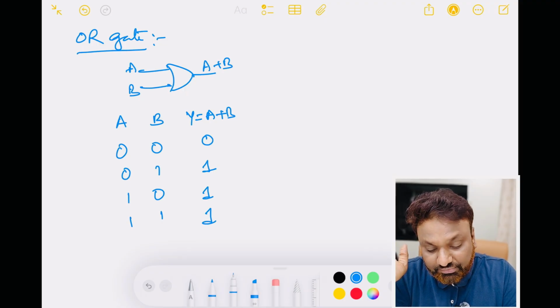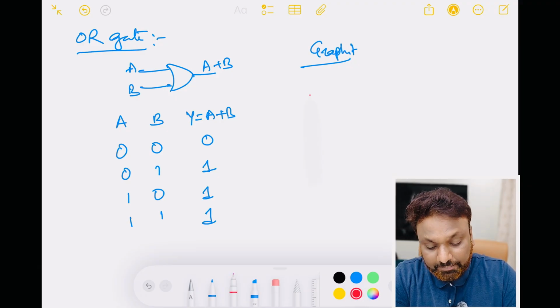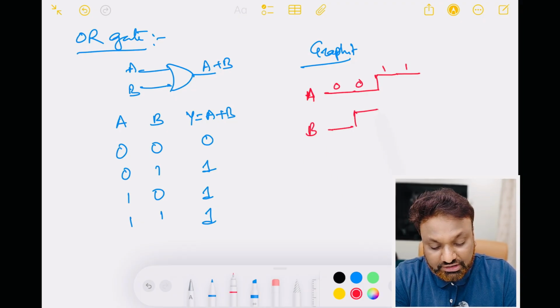So what is the graph? You can see the graph here. So what is my A? A is 0, 0, 1 and 1, correct. What is my B? 0, 1, 0 and 1.